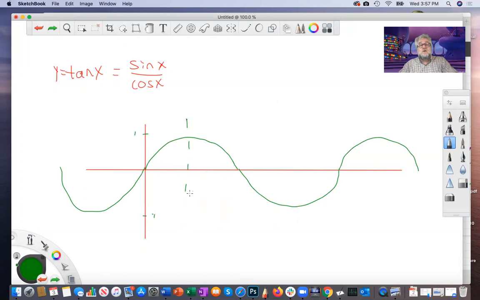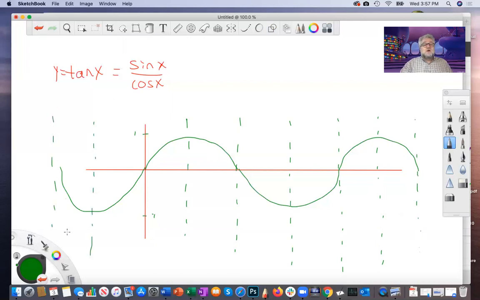Oops, try to do it straight. There, there, and so these are the markers for pi, 2 pi, pi over 2, 3 pi over 2, and so on.